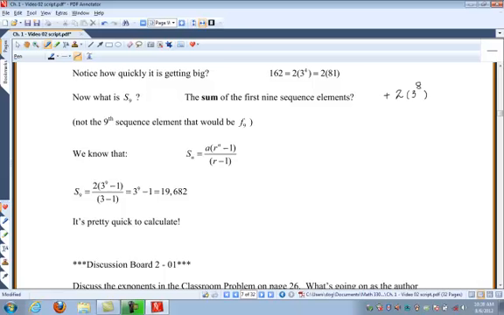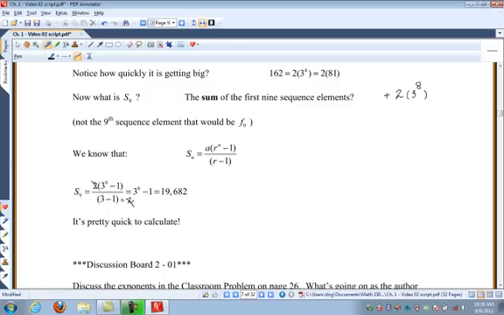I'm going to say S sub 9 equals A times R to the 9 minus 1 over R minus 1. So S sub 9 equals 2 times 3 to the 9 minus 1 divided by 3 minus 1, which is 2. And these 2's will cancel. So all I'm left with is 3 to the 9 minus 1.